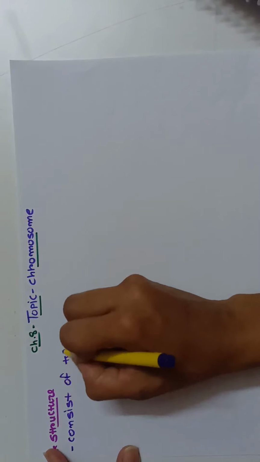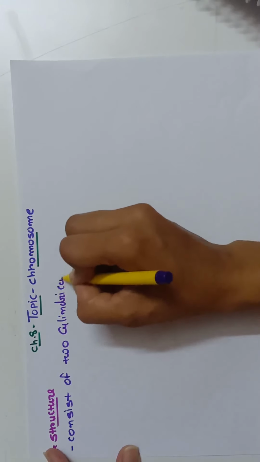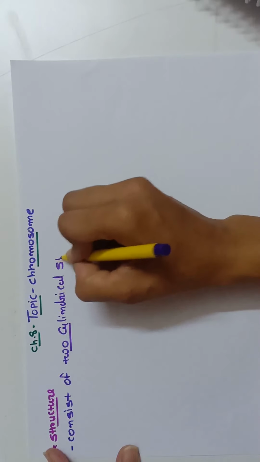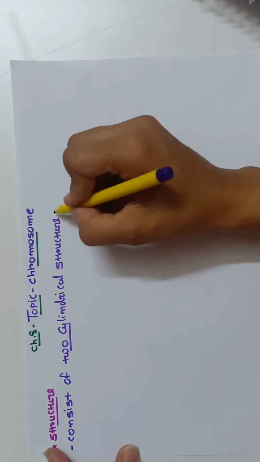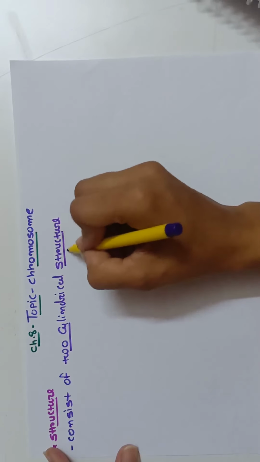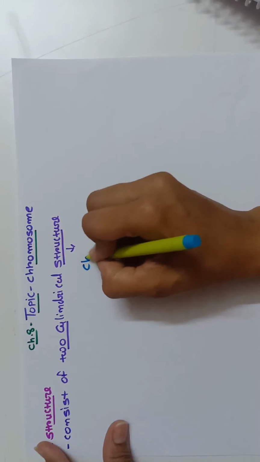Chromosome consists of two cylindrical structures called chromatids.